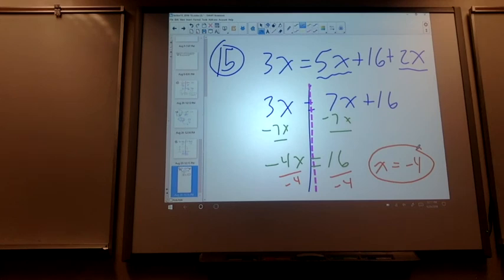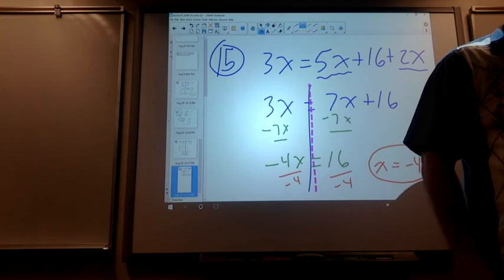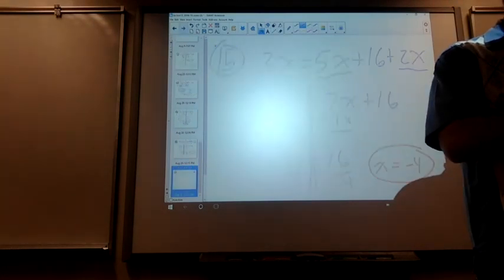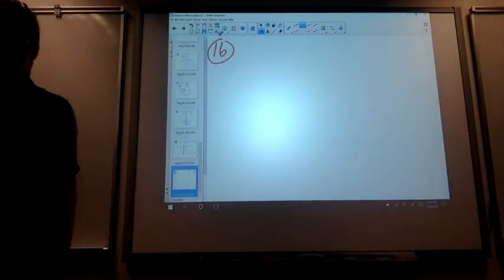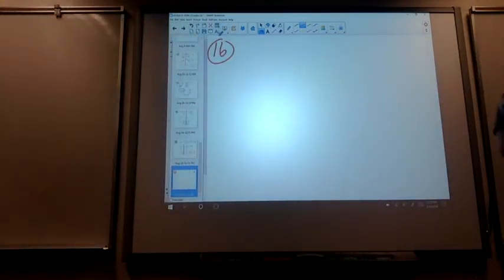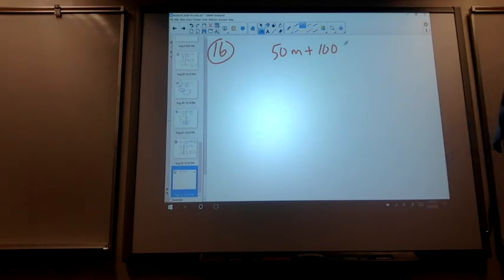All right. Let's hit the word problem. Problem number 16 says this. A person is considering buying a new cell phone plan. Verizon charges $50 per month plus a $100 handling fee. So $50 per month plus $100 handling fee. And then AT&T charges $52 per month with a $50 handling fee.